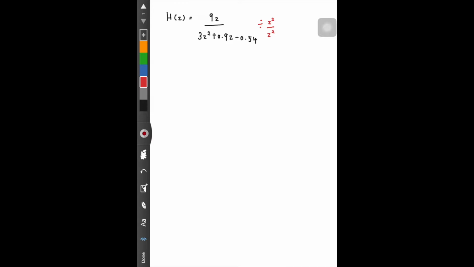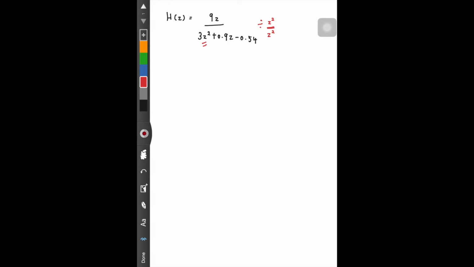Why do we divide this transfer function with z squared? Because if you look at the denominator part, the highest order is z squared. So you have to refer to your denominator part and take the highest order of it, which is z squared.